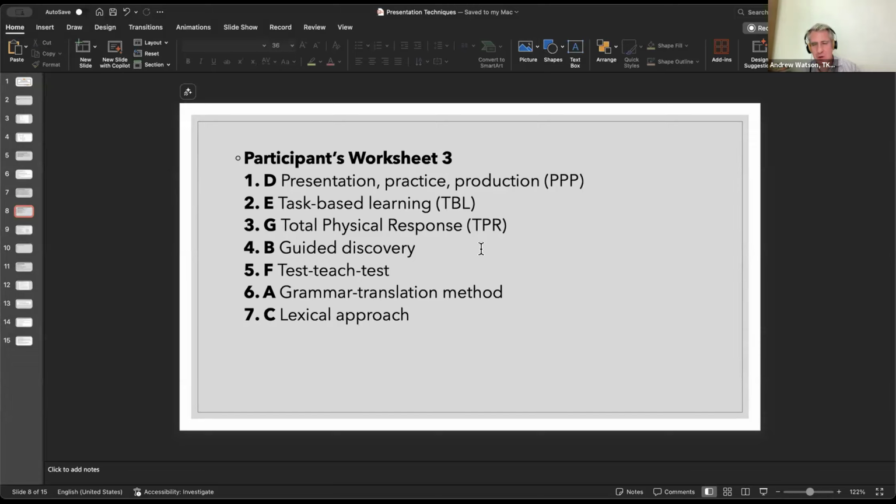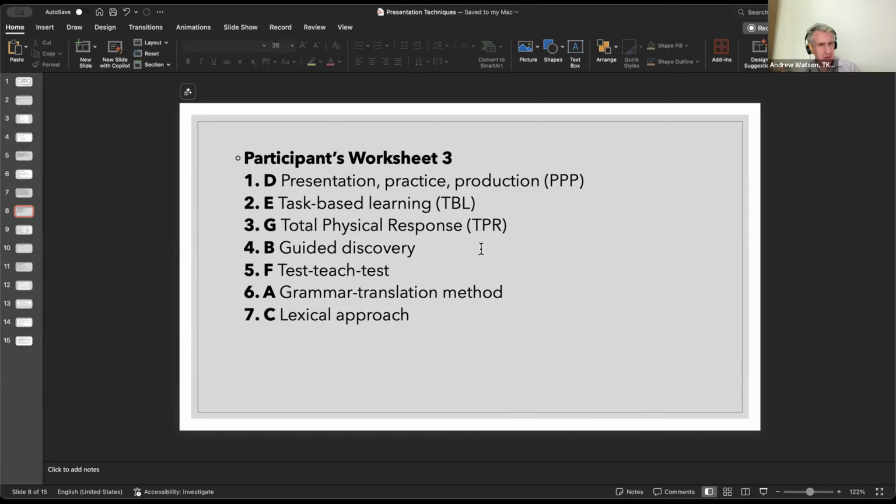When does the language presentation stage come in the test, teach, test lesson? Does it come at the beginning, the middle, or the end? Well, I think that in test, teach, test, it's at the beginning because you get to know the knowledge that they have from a topic before actually getting into it.